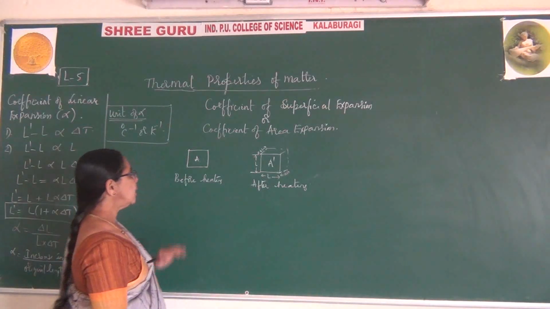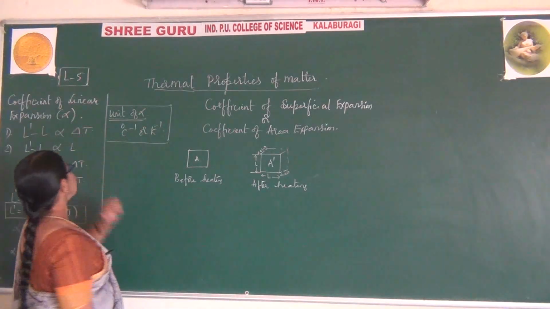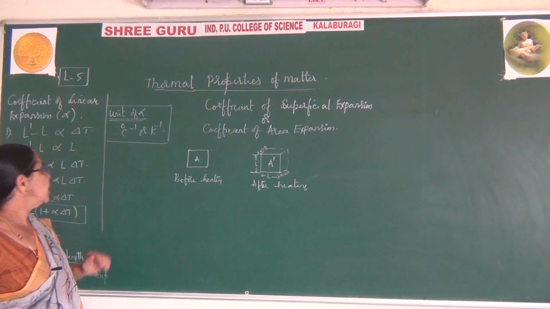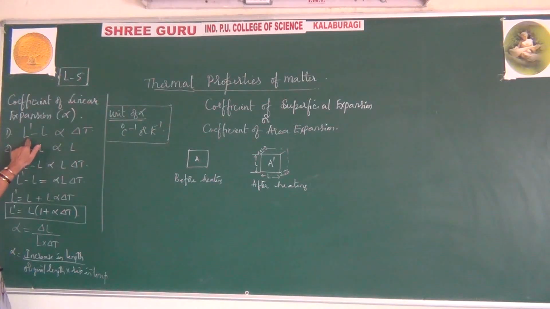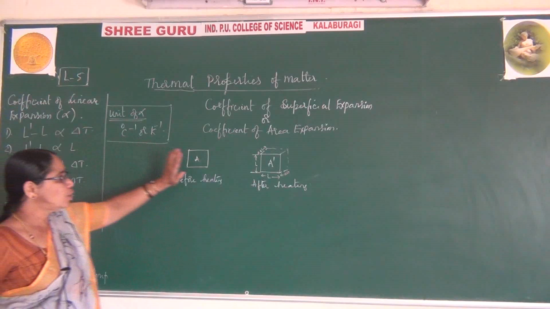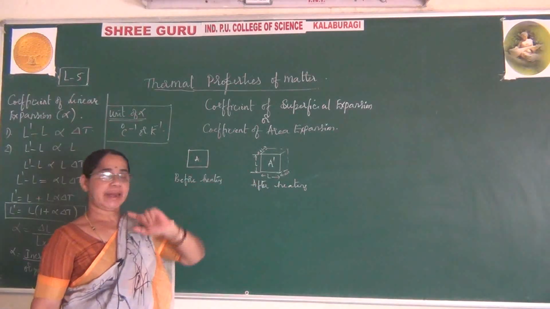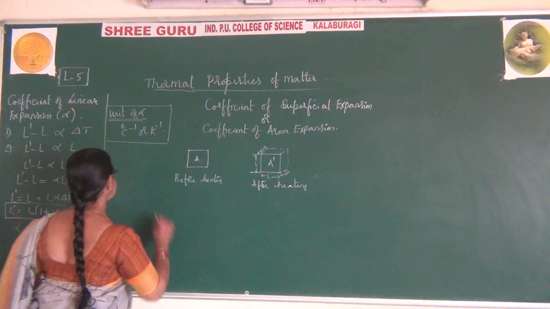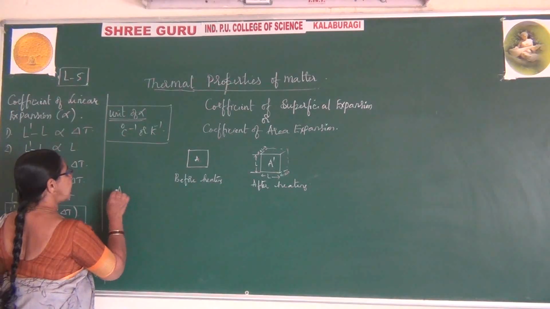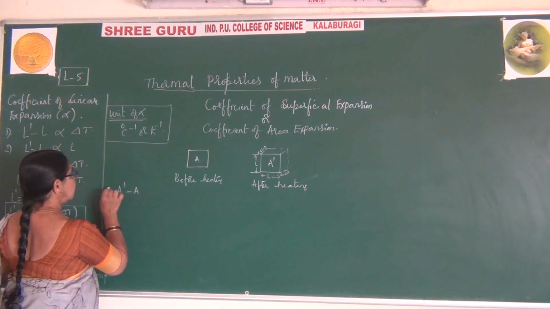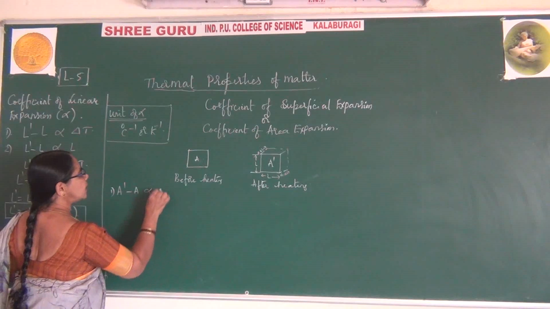Now let me take the help of linear expansion. The same concept we use here, but in linear expansion I talked about the change in length, and today it is the change in area. So the change in area is A dash minus A. This depends on the rise in temperature.